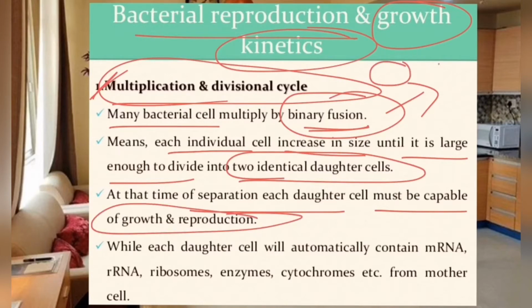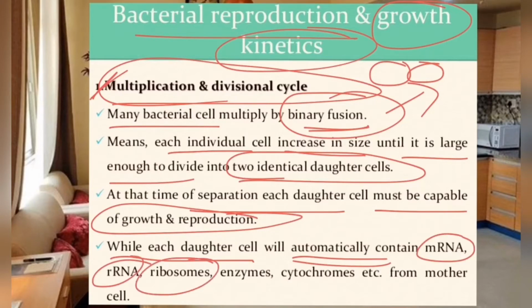When these cells divide and have enough nutrients and all the major components inside the cells for growth and their reproduction cycles, each daughter cell automatically contains the mRNA, rRNA, ribosomes, all enzymes required for growth, and cytochromes from the mother cell.